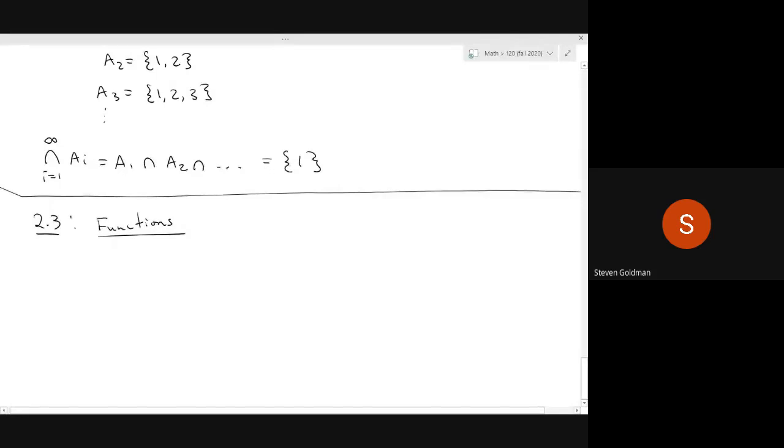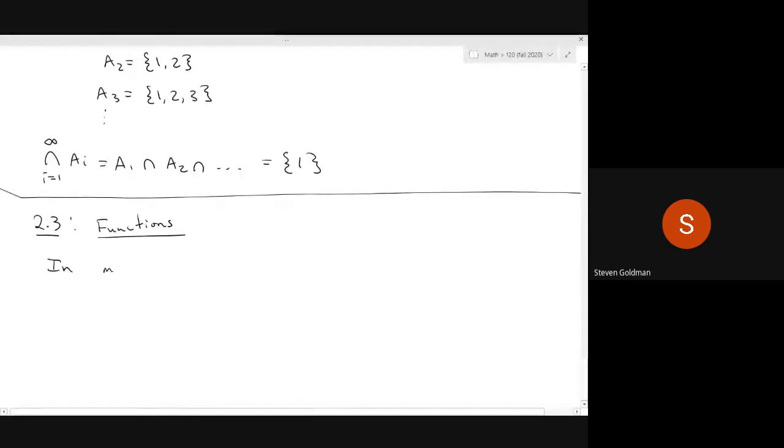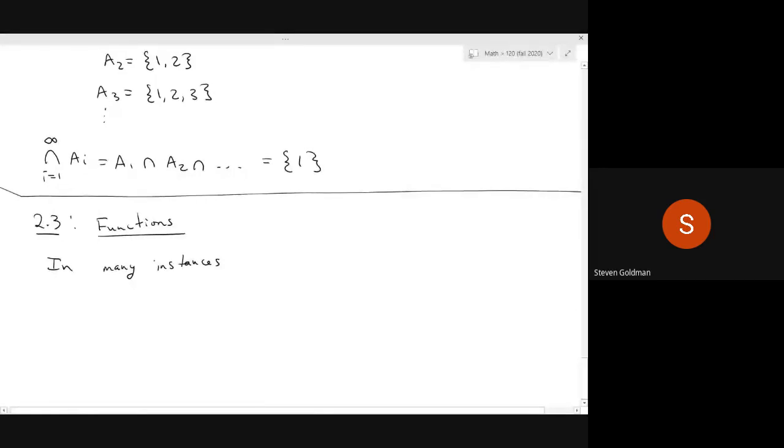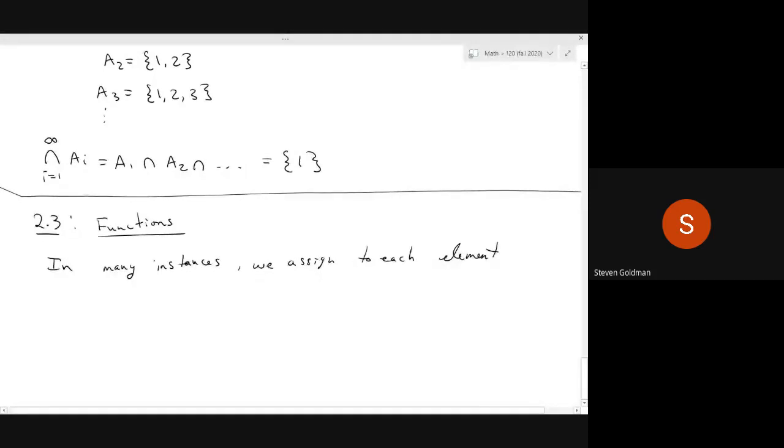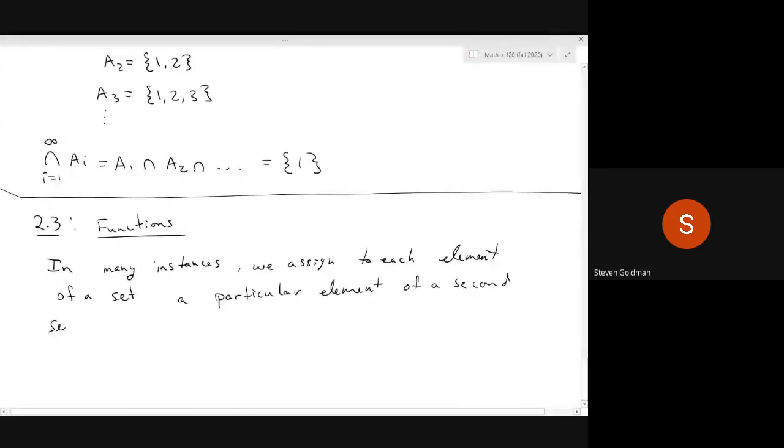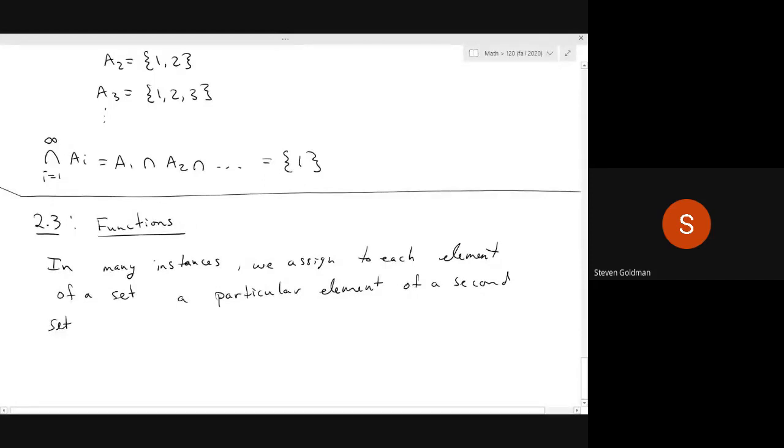All right, so first a little bit of an introduction. In many instances, we assign to each element of a set a particular element of a second set, which may or may not be the same as the first set.